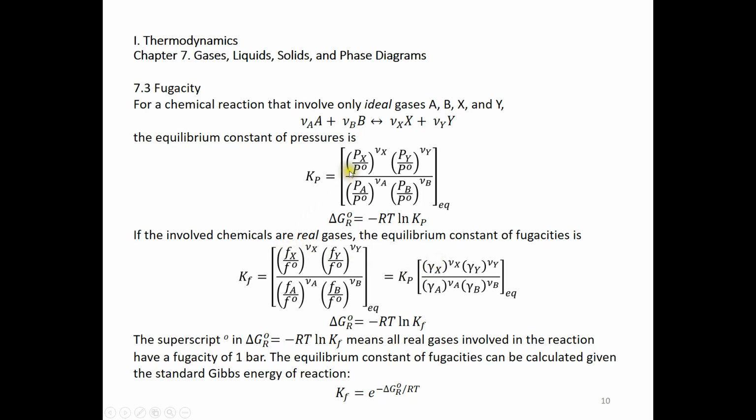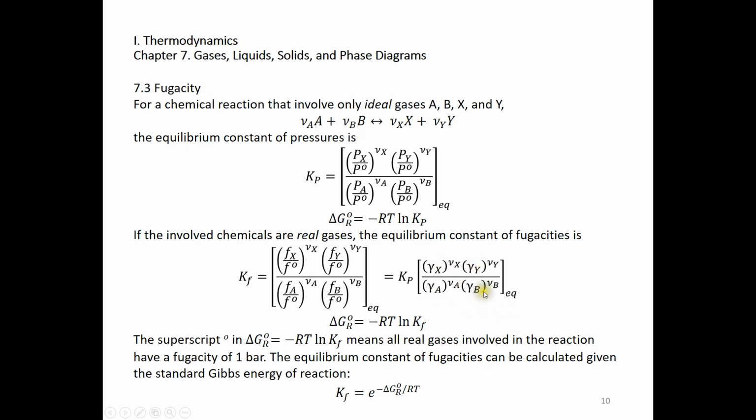Gamma is F over P. So F is P times gamma. That's why we can write K of fugacities is equal to this K of pressures multiplied by this expression that involves fugacity coefficients for X and Y on top and A, B on the bottom.